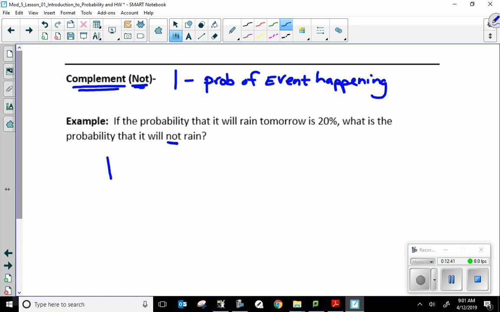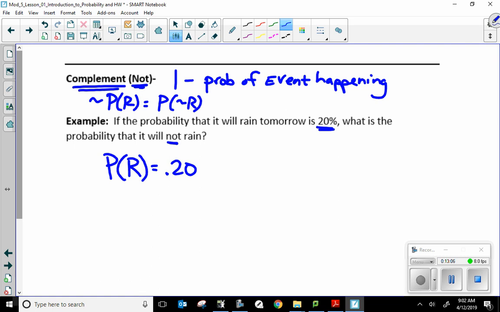So I say the probability that it will rain, I'll use R for rain, is 0.20 because we like to use decimals. If I want to figure out the complement, sometimes they use this tilde, like that. Or sometimes they write the probability that it doesn't rain like that.